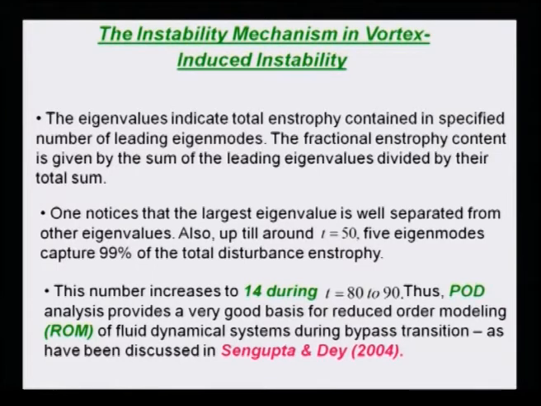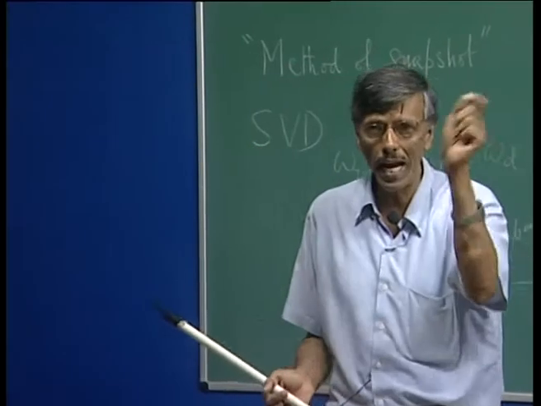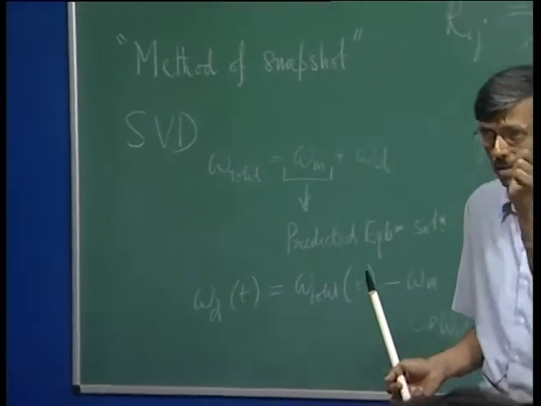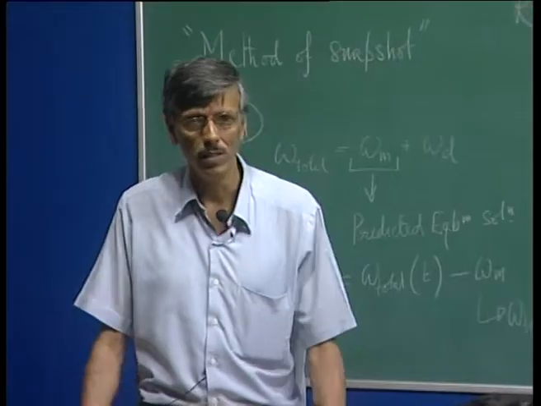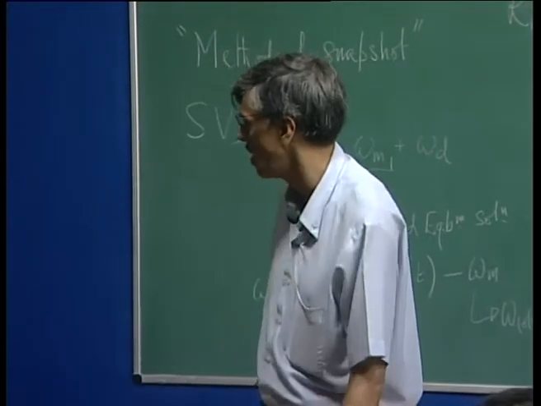So those eigenvalues indicate the total entropy contained in specified number of leading eigenmodes, and if I look at a fractional entropy content, basically I add up lambda_i divided by sum of lambda_i, that gives me a fractional content. Okay, that's what we are talking about. We take the partial sum over leading eigenvalues divided by the total sum. So that's how we define.